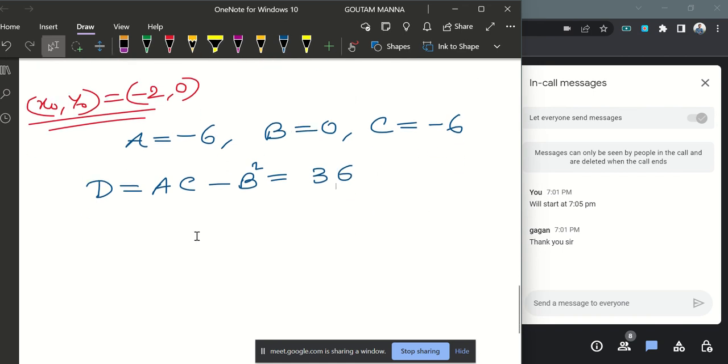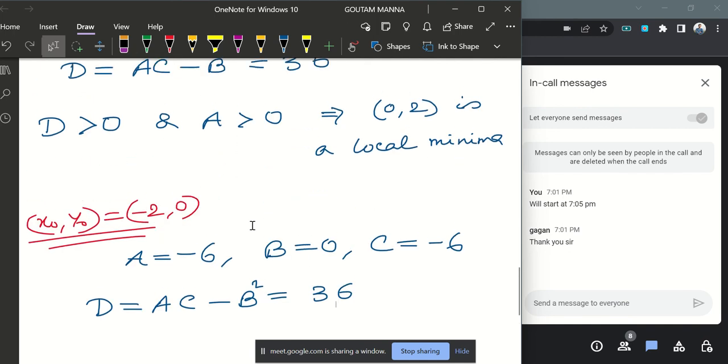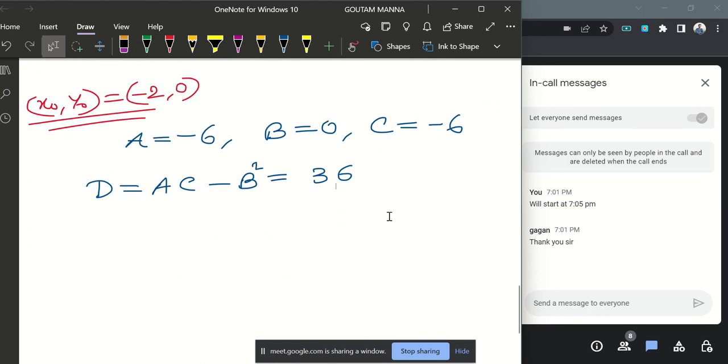That means (-2, 0) is a critical point, and it can be either maxima or minima. Now if you look at the value of a, it is negative, and it says this point is a local maxima.